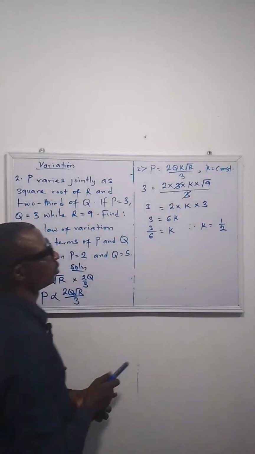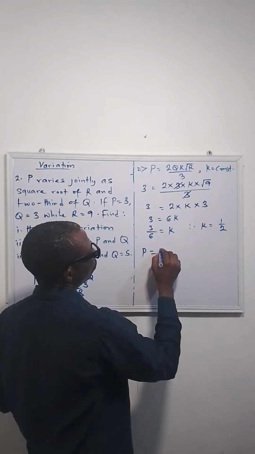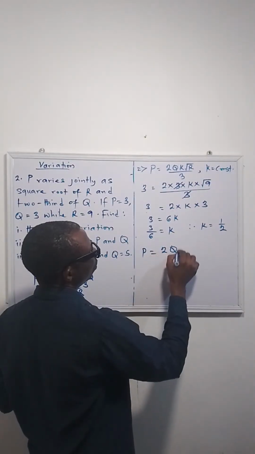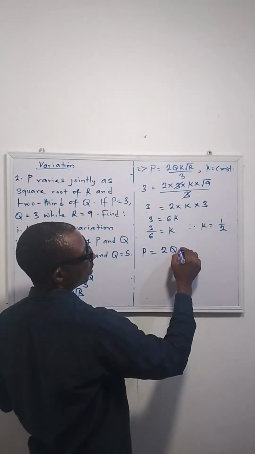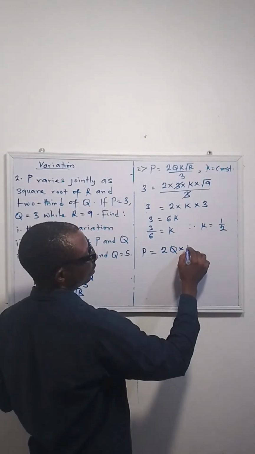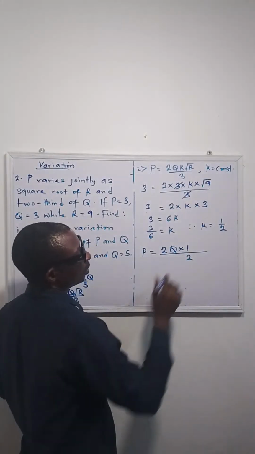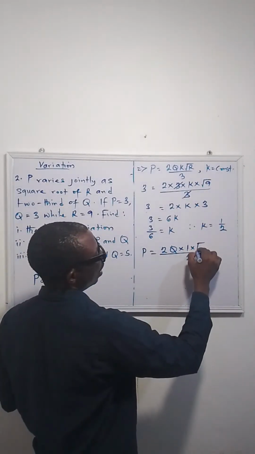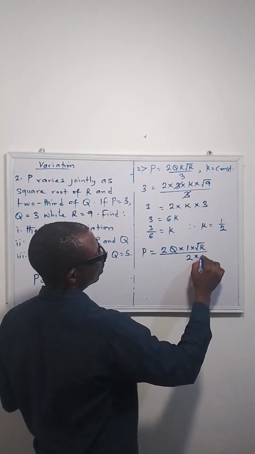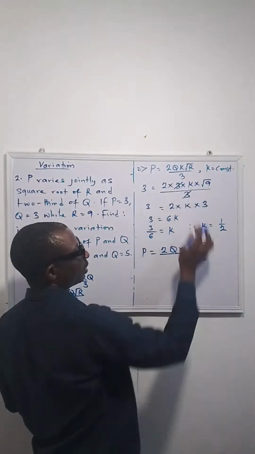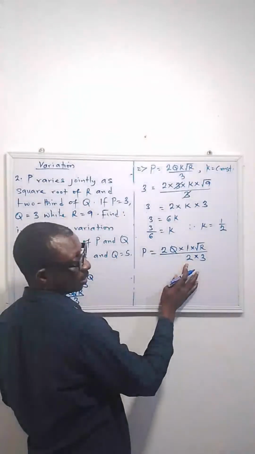So now let's substitute. We have P equals 2Q. Now K is 1 over 2, so we just write times 1 over 2, times QR times 3, because we have 3 here. So this is the 3. Now this 1 over 2, this 1 over 2, you can see that.